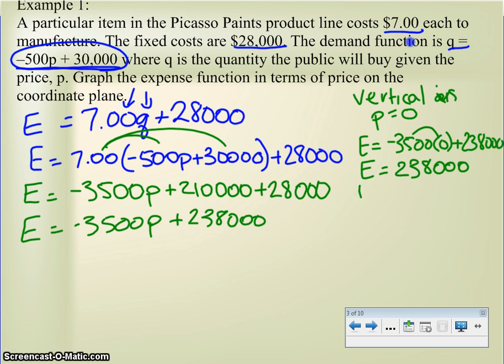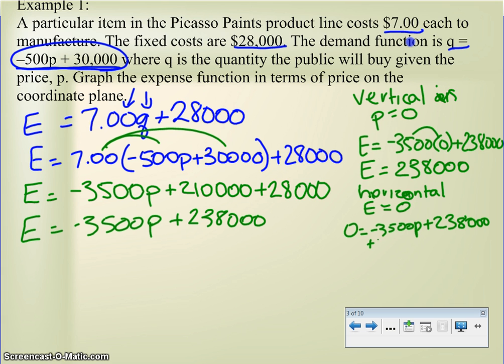Now to find my horizontal intercept, I'm going to set my expenses at 0 and find my x-axis. So I've got 0 equals negative 3,500p plus 238,000.